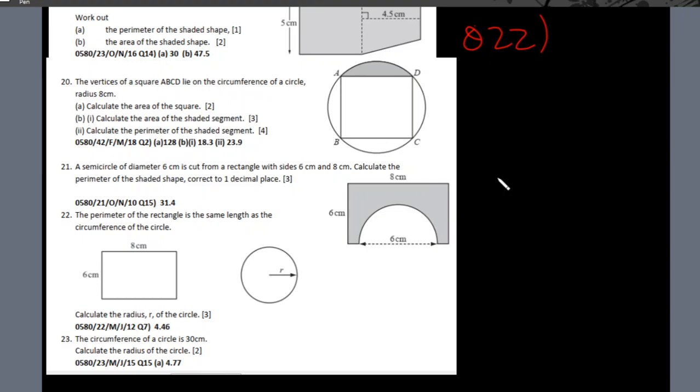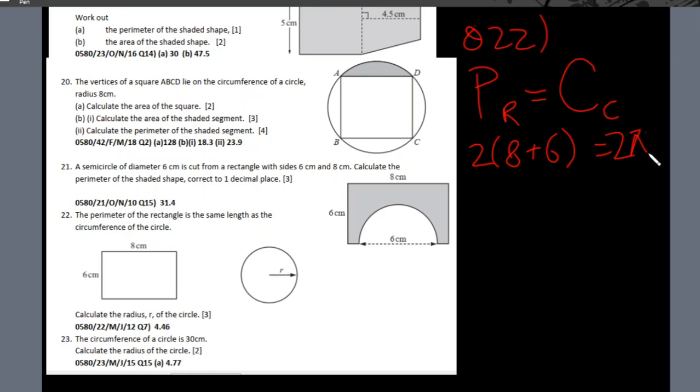Okay, question 22. The perimeter of the rectangle is the same length as the circumference of the circle. So perimeter of the rectangle equals the circumference of the circle. So what is the perimeter of the rectangle? 2 times 8 plus 6, which equals the circumference of the circle, whose formula is 2 pi r.